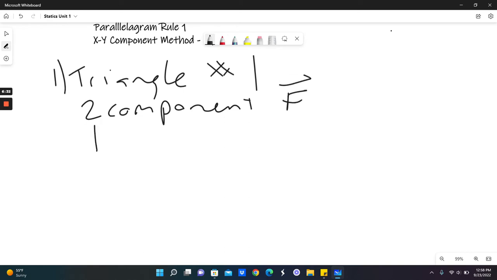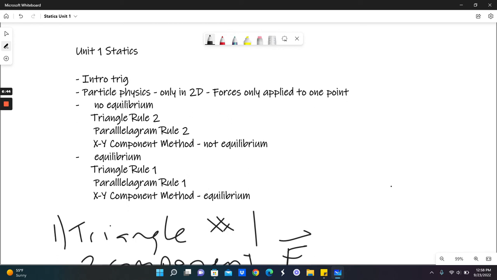And we're going to have 1 resultant of those 2. For triangle rule and parallelogram rule, regardless of which situation you're working on them with, you're going to end up with 2 diagrams.